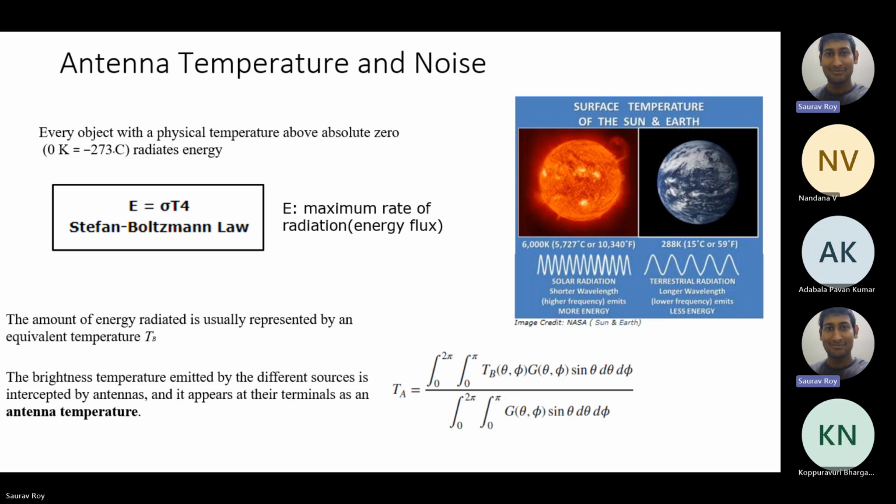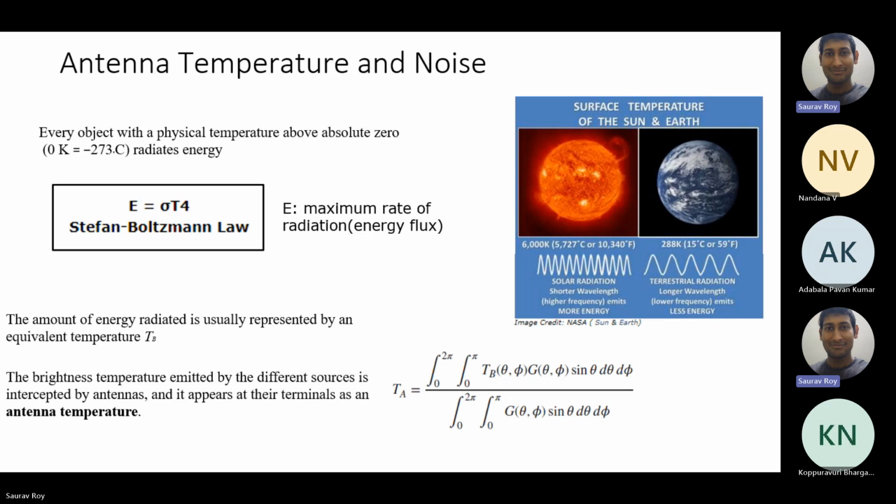So the simple example is the right side picture. Because the surface temperature of the sun is very hot, it will radiate. So there you see this radiation is solar radiation, and the earth is a cooled down body, very much lower compared to the sun.